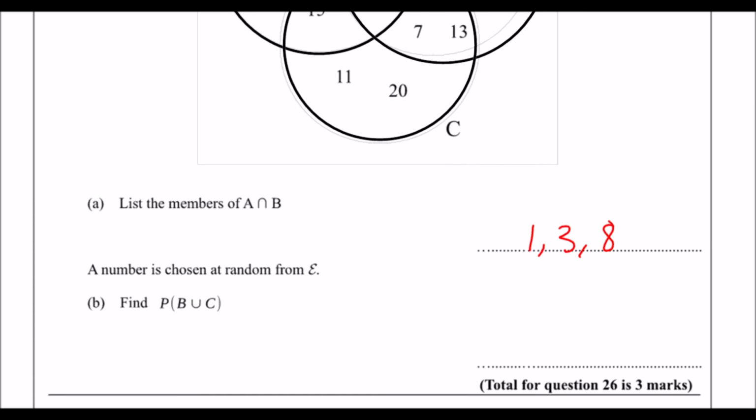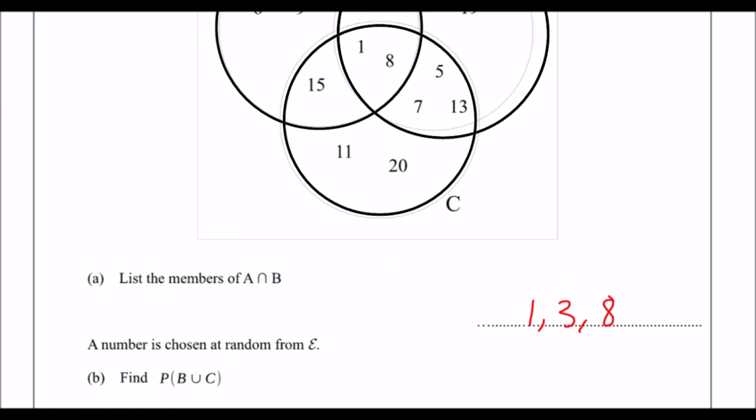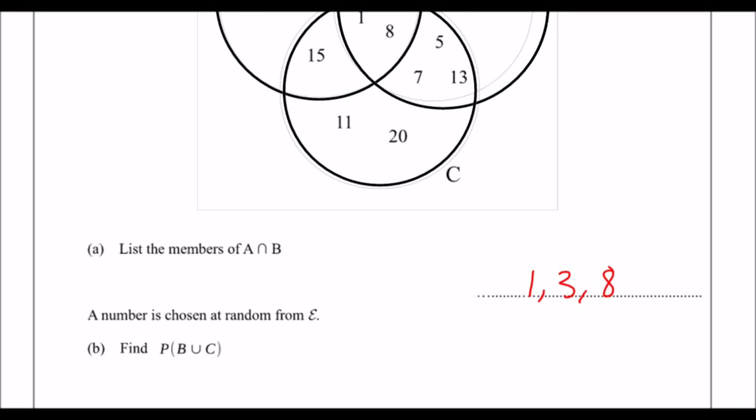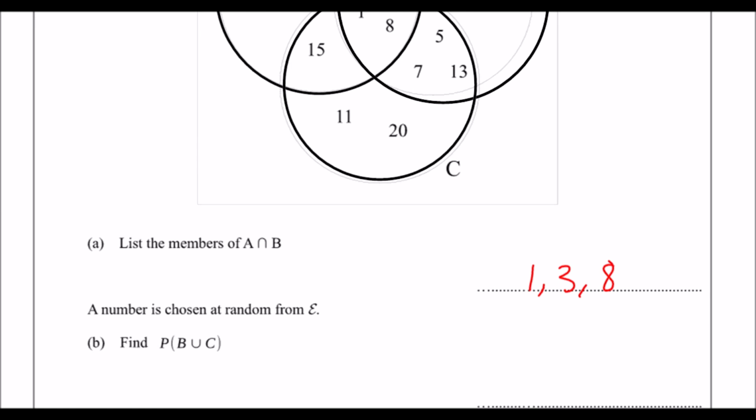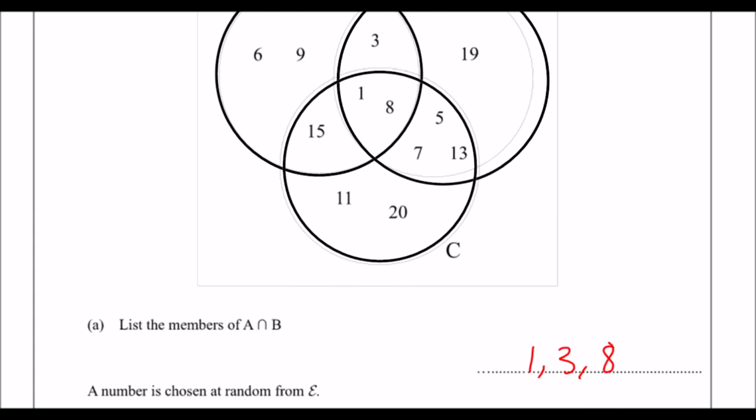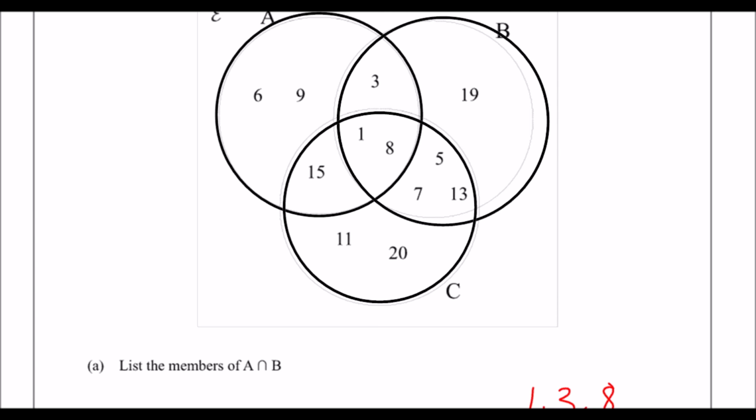A number is chosen at random from all of the numbers. Find the probability that it's in the union of B and C. So for the union of B and C, that means everything in the B circle and everything in the C circle counts.